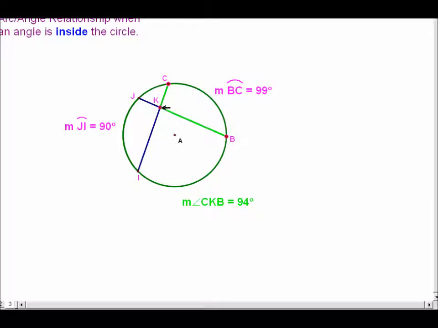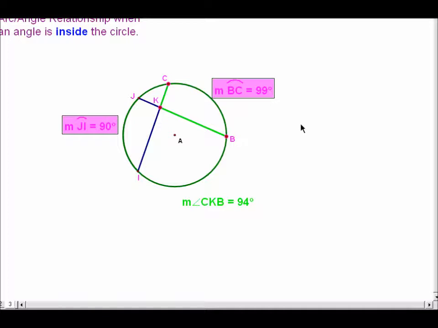All right, so if we're looking at its intercepted arcs, we've got this arc here, BC, that goes with that angle K. Or if we look at the other side of angle K, this blue angle, JKI, compared to the green angle, CKB, we know those two angles have to be exactly equal, right? Because those are vertical angles. But if we look at angle JKI, look at its intercepted arc, it's 90 degrees, not 99.